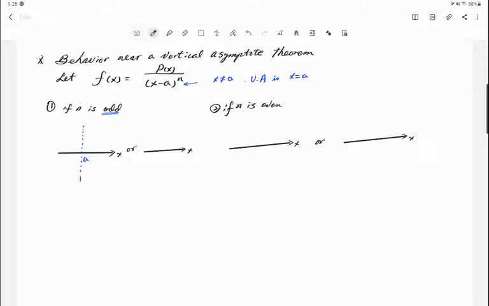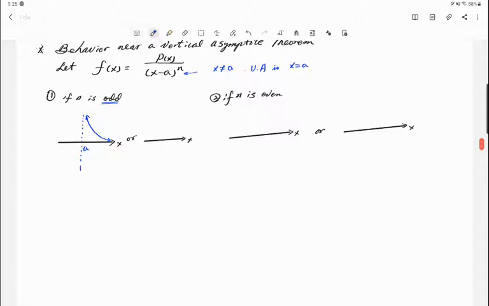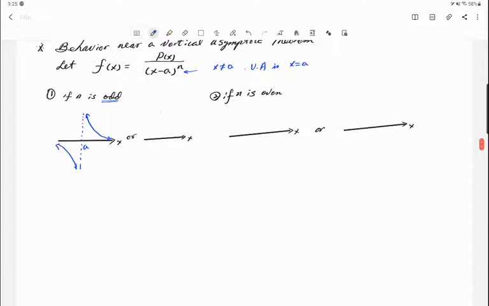Then the graph looks like this. One is on the right side like this, and the other one is on the other side like this. Or it can be like this.